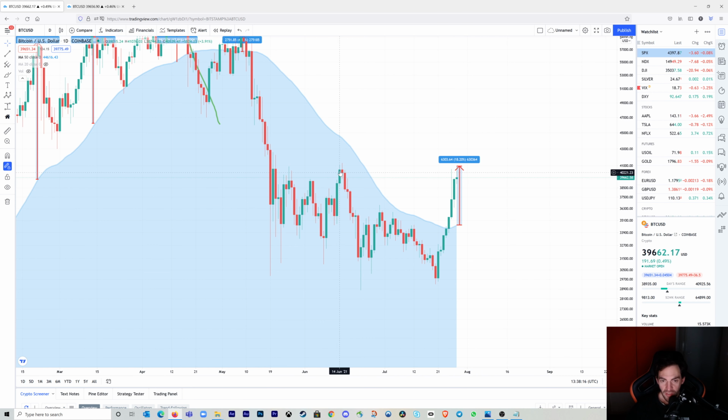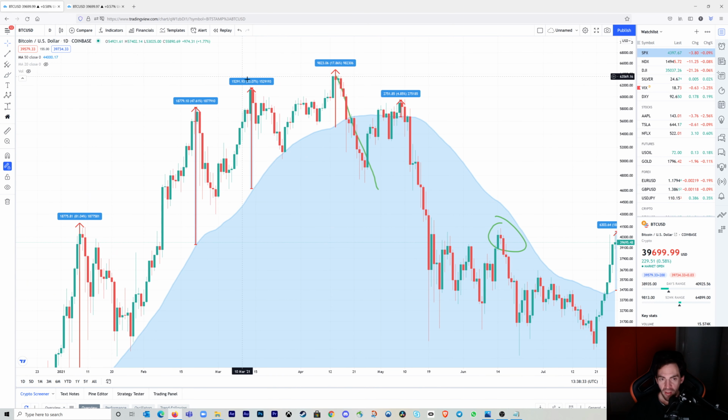But the difference between here and here is that this time the price has caught up, and we are now above the 50-day moving average.